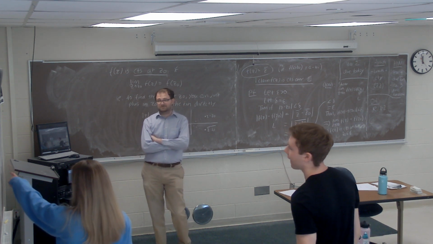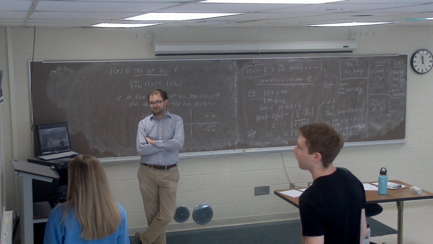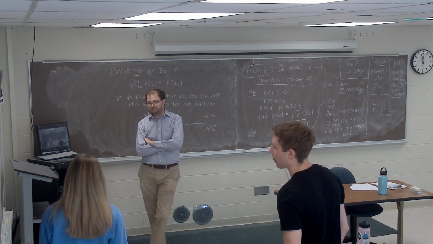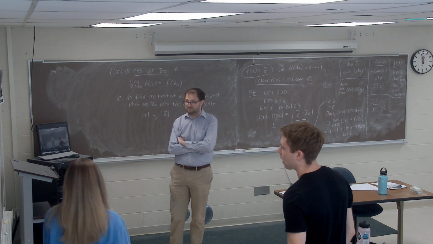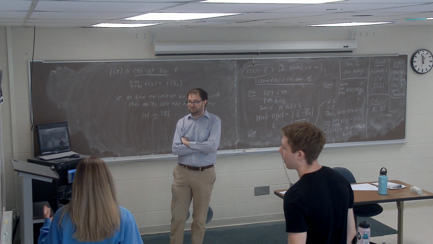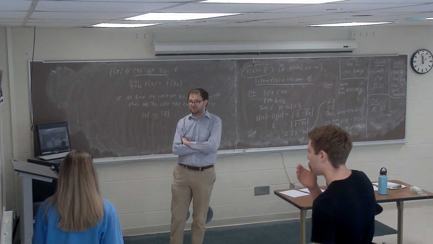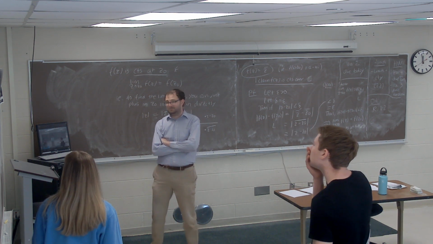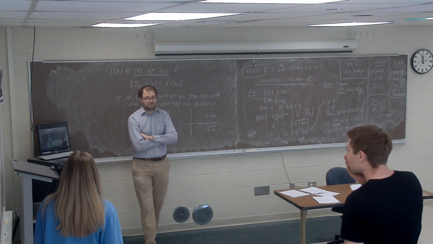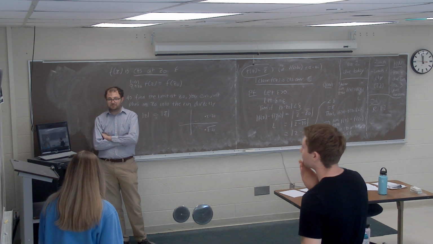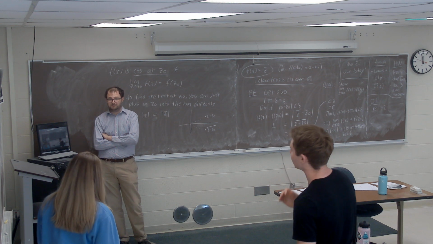You can simplify it down and get that it equals 1 over n. And we know that 1 over little n has to be less than epsilon. So through rearranging, 1 over epsilon has to be less than n. Because n has to be greater than big N, you can choose a big N equal to the ceiling function of 1 over epsilon.